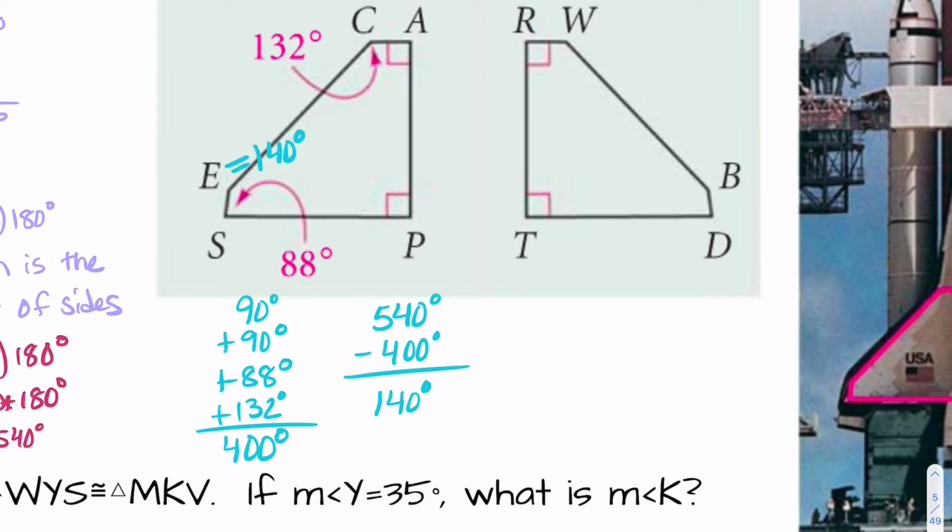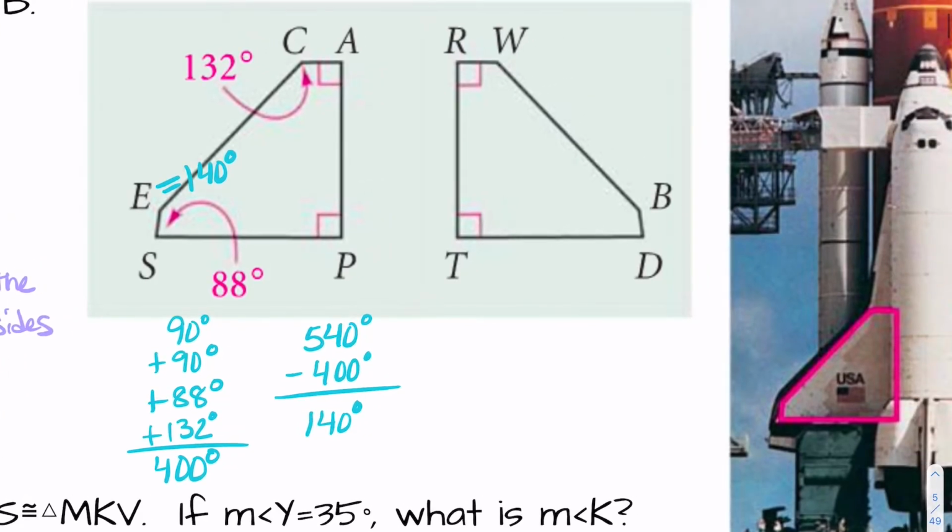All right, so what does that mean? That means that angle A and angle R match up, they're both 90. Angle P and angle T match up, they're both 90. Angle C matches up with W, which would be 132 degrees.